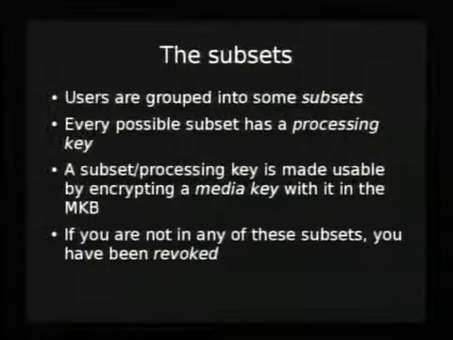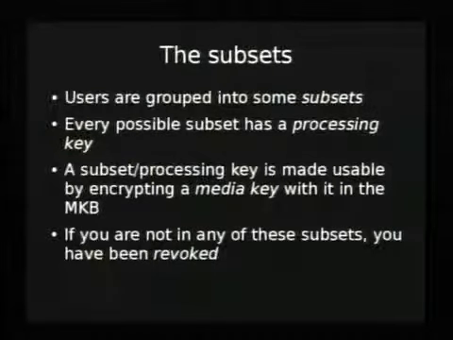And so the idea behind this tree of keys is that the users are broken into subsets. And every possible subset that the users can be broken into has a processing key. So the 09F9 key is only one of a huge family of possible keys that select out some subset of users. And the way that a processing key is made usable, the way that it's actually a processing key that decrypts a disk rather than just a theoretical processing key, is that on the disk there exists a media key that is encrypted with that processing key.